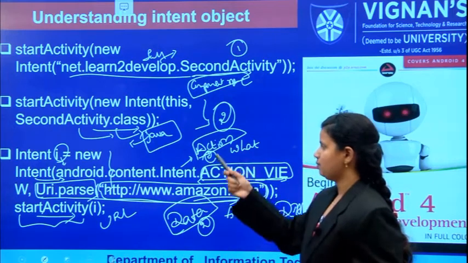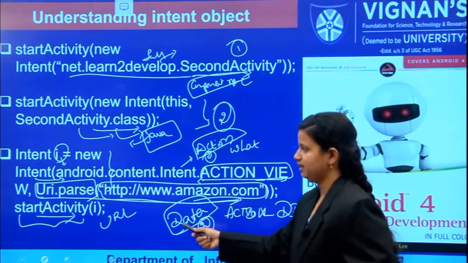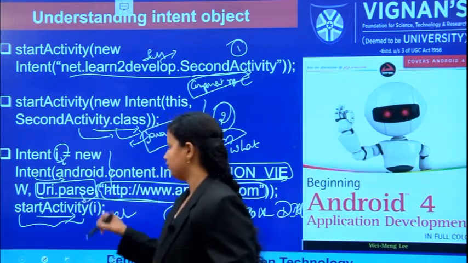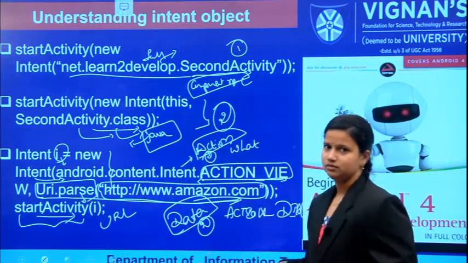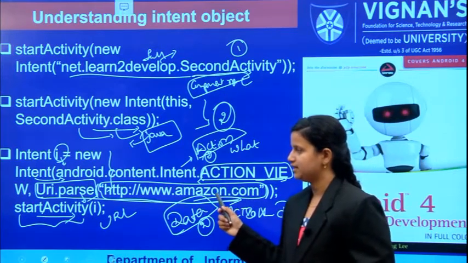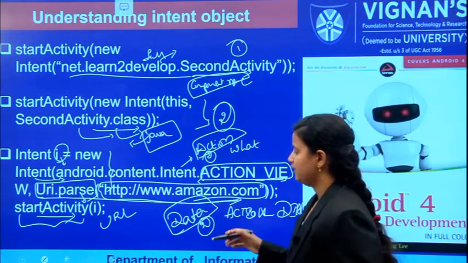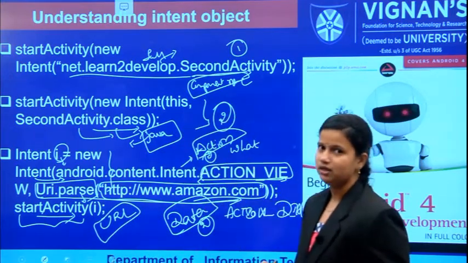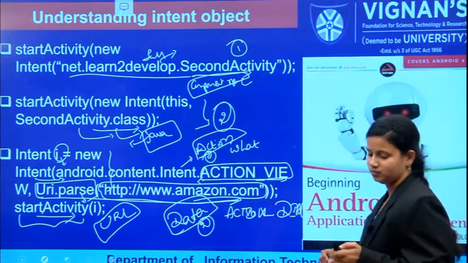Whenever you are performing the action, which data will be affected? That data is given to Uri.parse. The URL address is considered, so it will directly collect the data from the web browser.